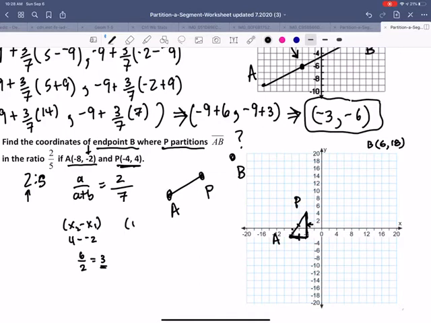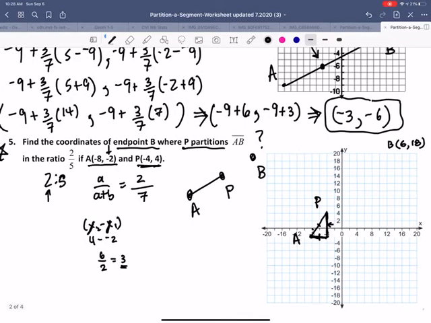Now let's figure out the distance between the two y's. So that's 4 minus a -2. Oh, wait, I did that one wrong. This one I did was the y's. Okay. Sorry about that, guys. Those were the y's I did, right? -2 and 4. Let's do the x's. Okay.